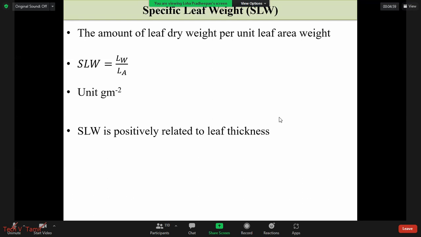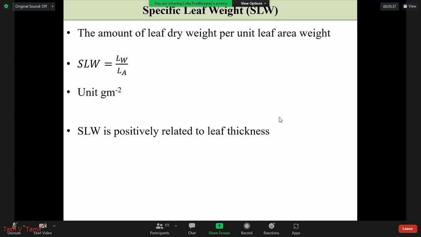That is the other way around from specific leaf area, which is leaf area over leaf weight. It is also related to leaf thickness, because specific leaf area is an indirect measurement of leaf thickness, as we already looked into. Similarly, the specific leaf weight also gives some idea regarding the leaf thickness.